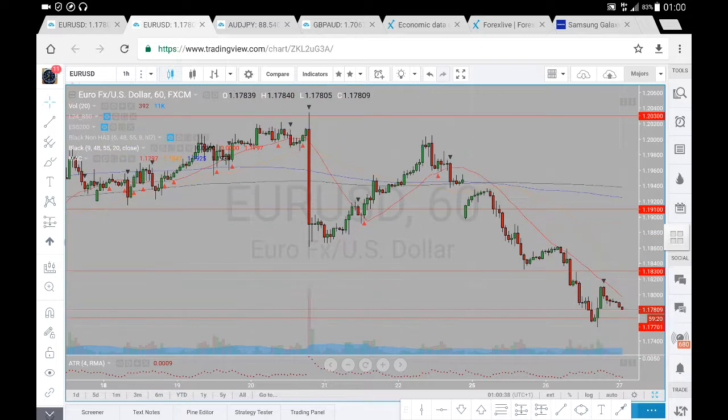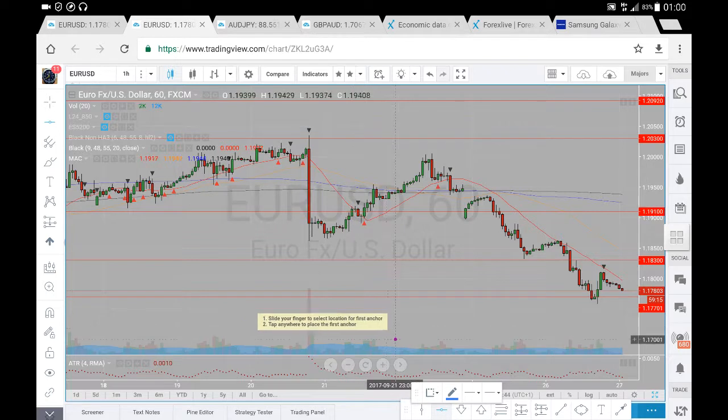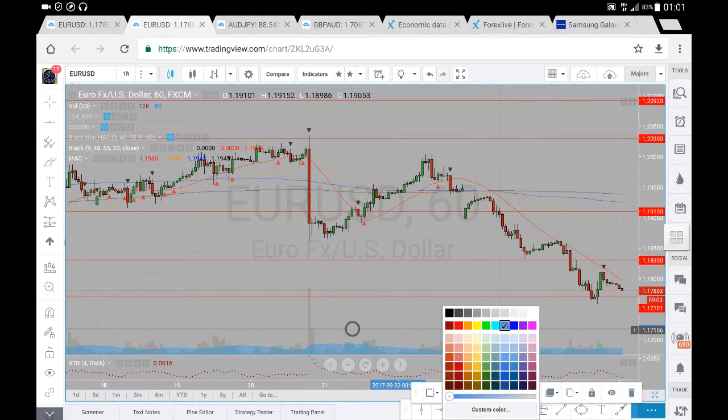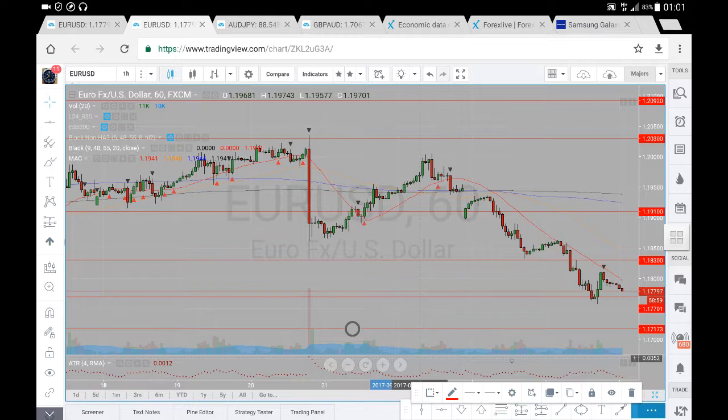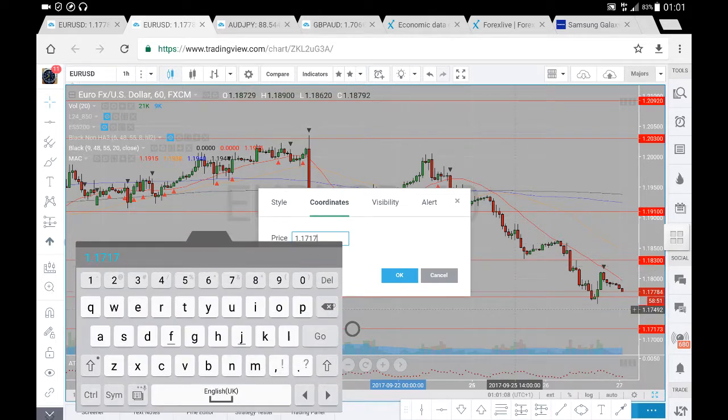if I scale it a bit and get my horizontal line, and let's just put that, change the color, and just make sure I get the location correct, 1717, let's just say 1716, but the moving average is at 1720.